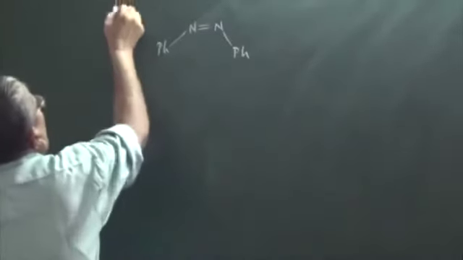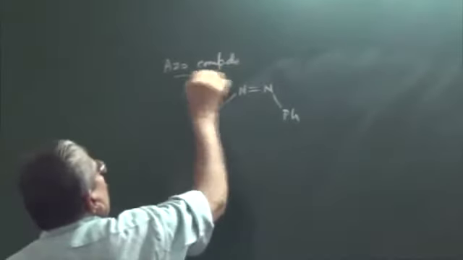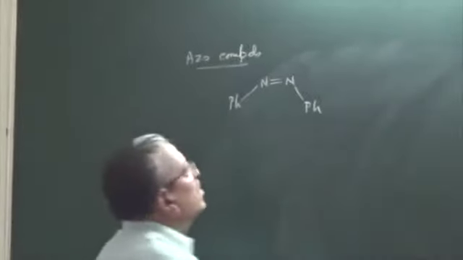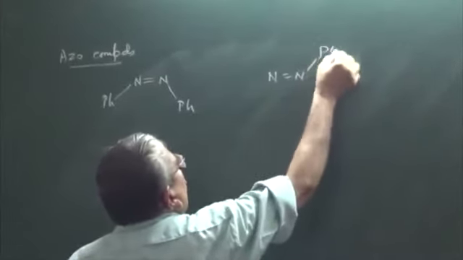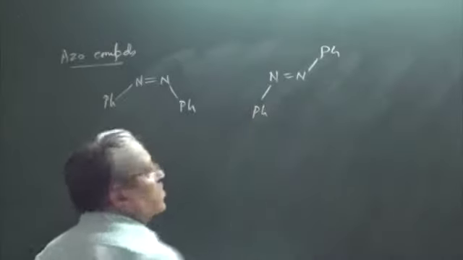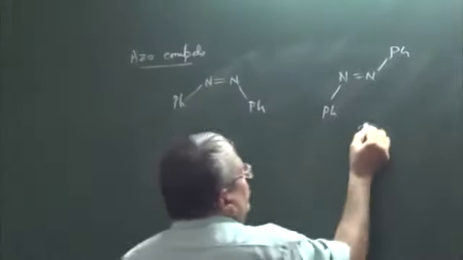They are azo compounds. We have N double bond N with Ph on each side. This is cis, and this is anti.